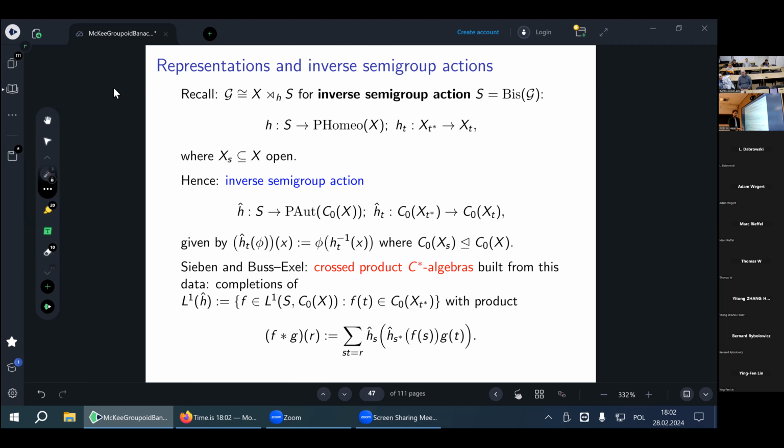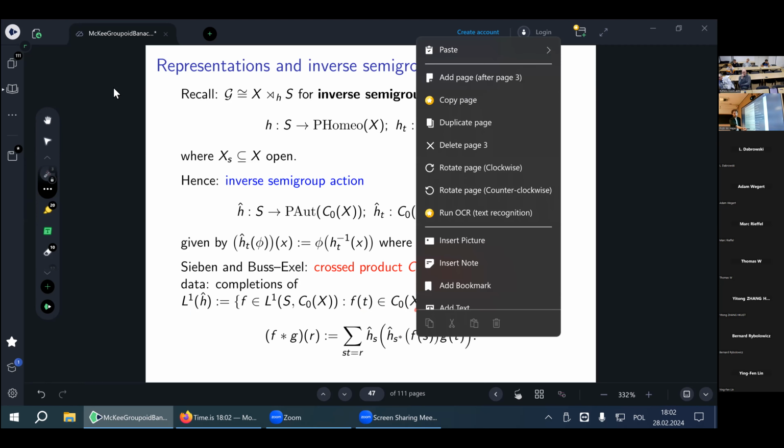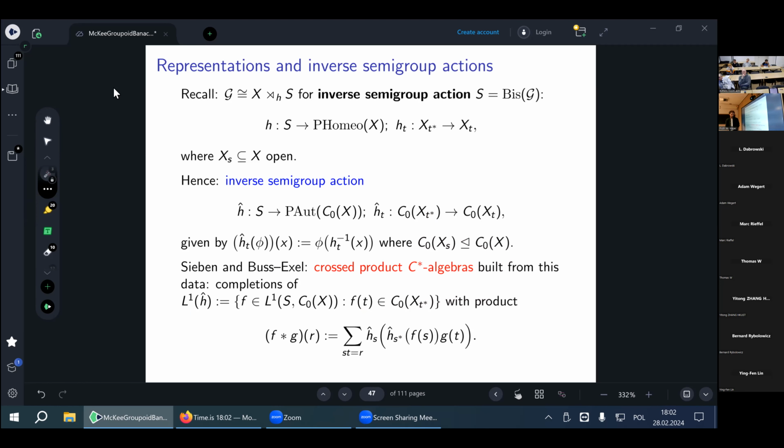You define an L1 space. In the case of a partial action, the L1 of my action is different. We take those functions f for which f of t belongs to the functions living on the domain of h_t.